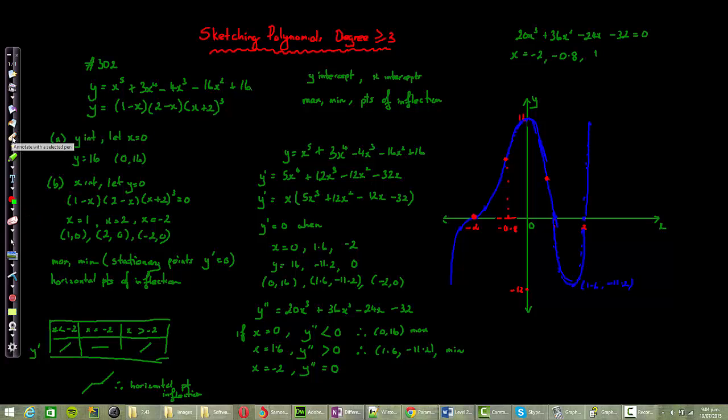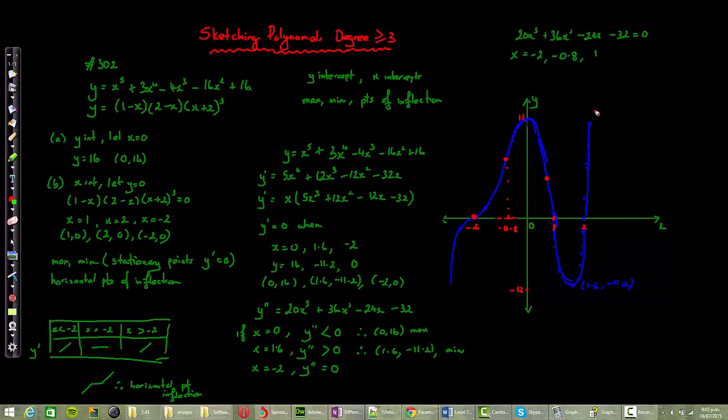According to the calculation here at 1, this is where it changes from concave down to concave up, and that actually from the graph does look about right as well.